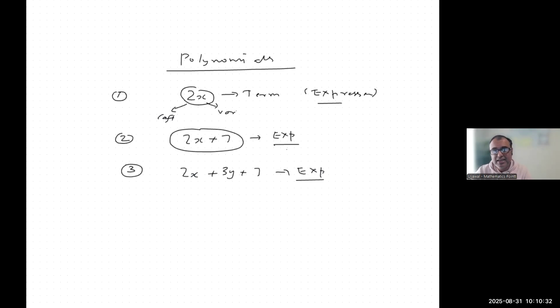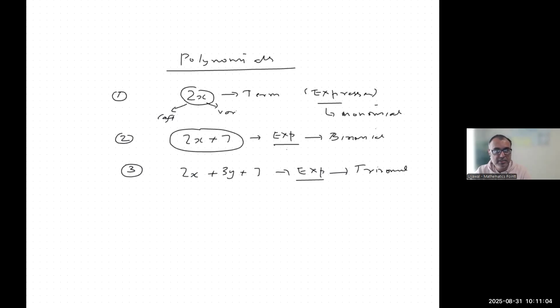Now, the expression that has got one term in it is called monomial. The expression that has got two terms in it is called binomial. The expression that has got three terms in it is called trinomial.